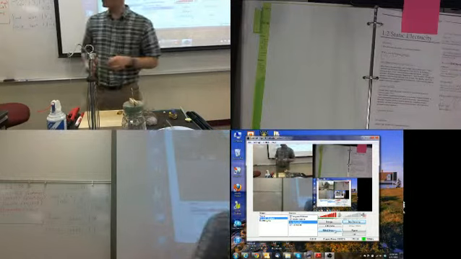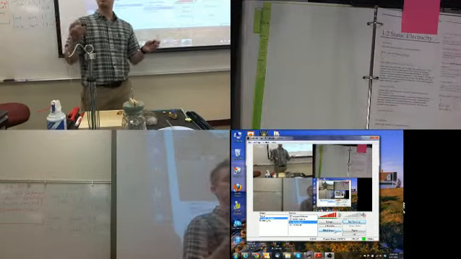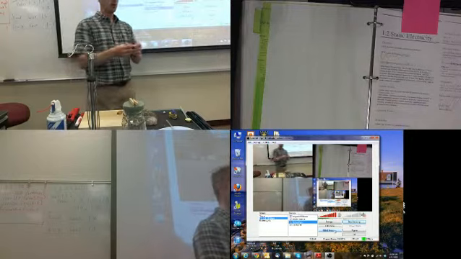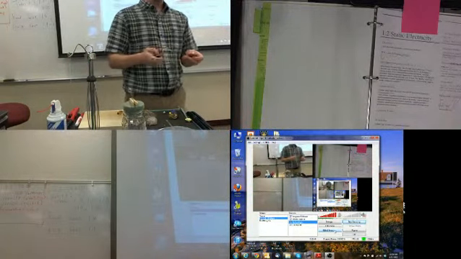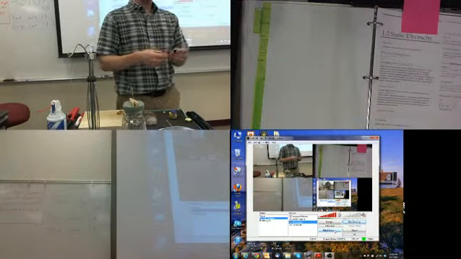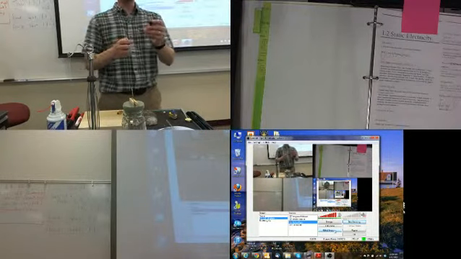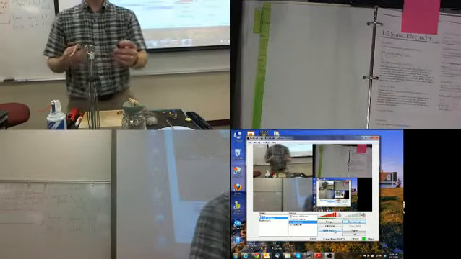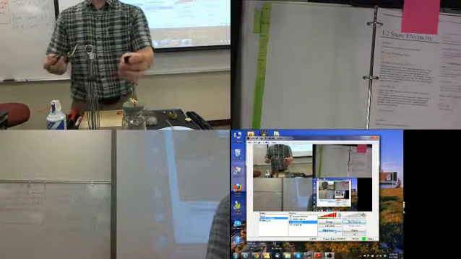Another type of source of voltage, what I usually do is I do all the demonstrations before the lecture and then I do the lecture. So another thing we're going to talk about today is other sources of electricity. This is a buzzer, and inside of this buzzer we have a crystal, piezoelectric, we call it.